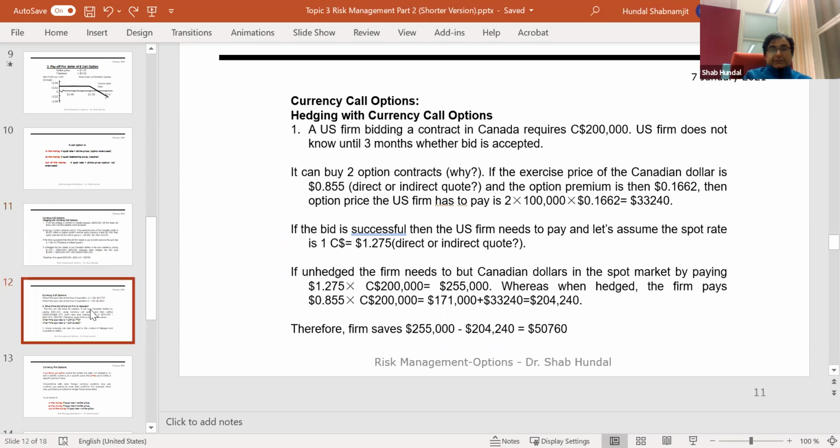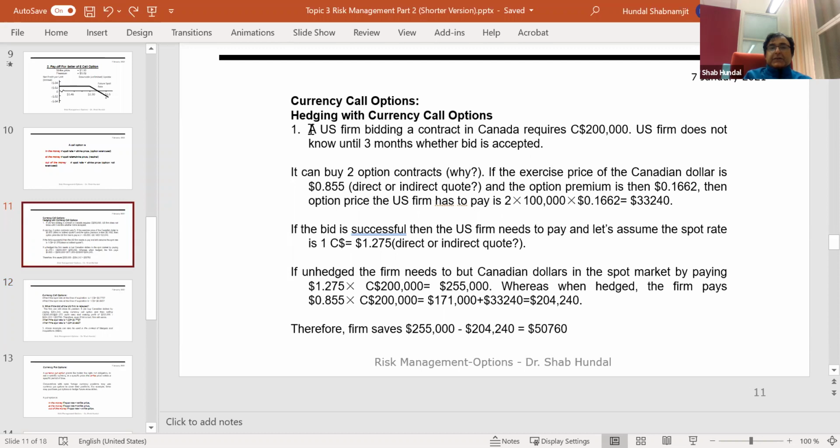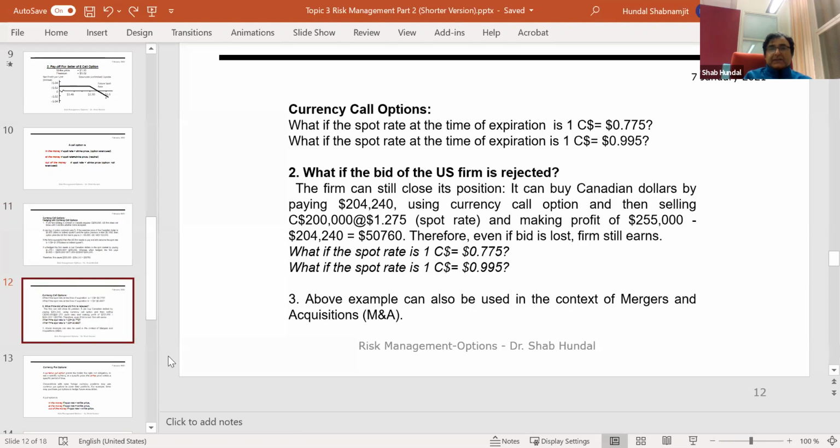Okay, but now there's a little bit of a trick. Remember the question? The US company was bidding for this company and the bid was successful in this case. But what if the bid is unsuccessful? What if the bid is rejected? Well, no problem, nothing to worry about.